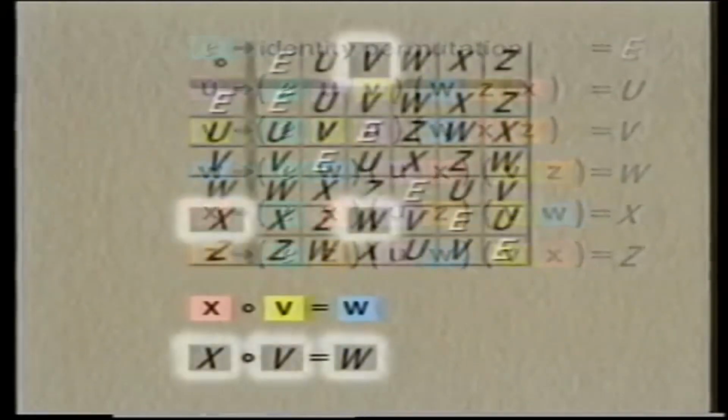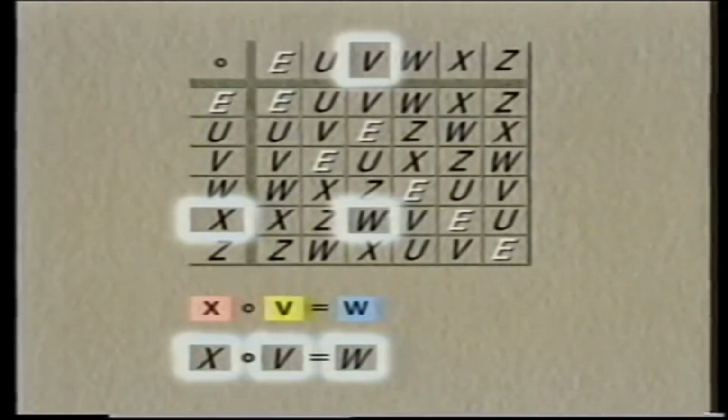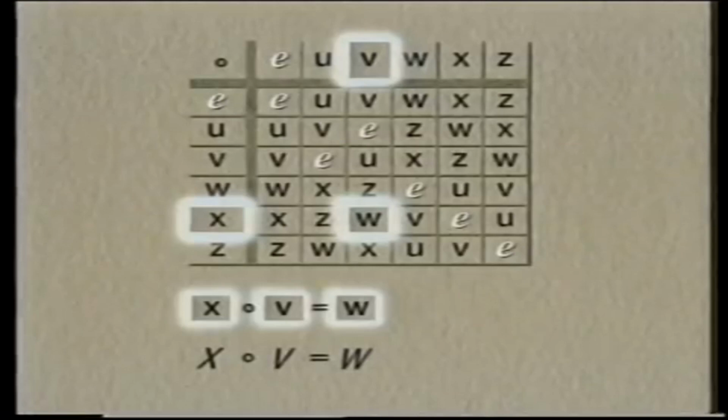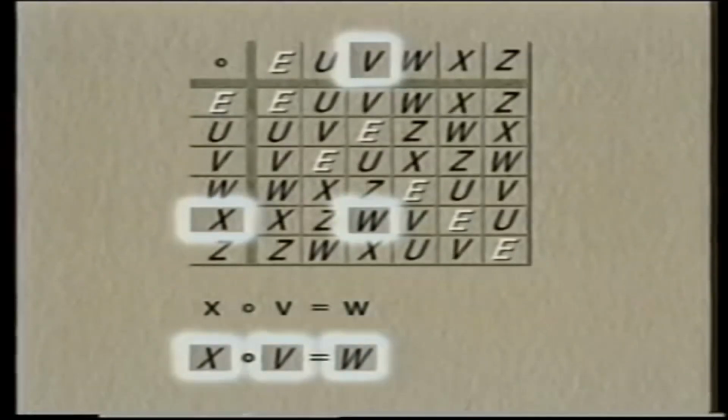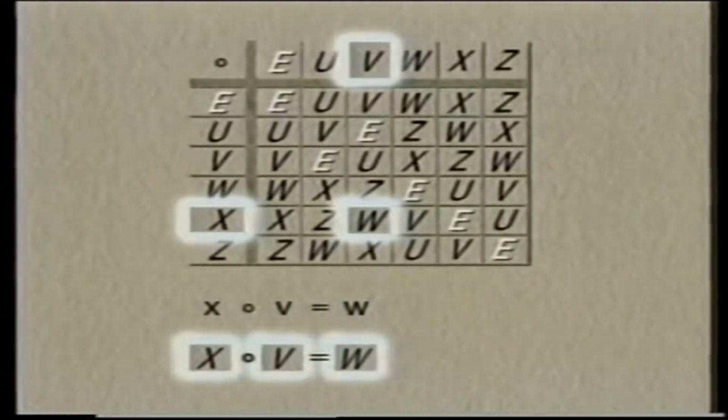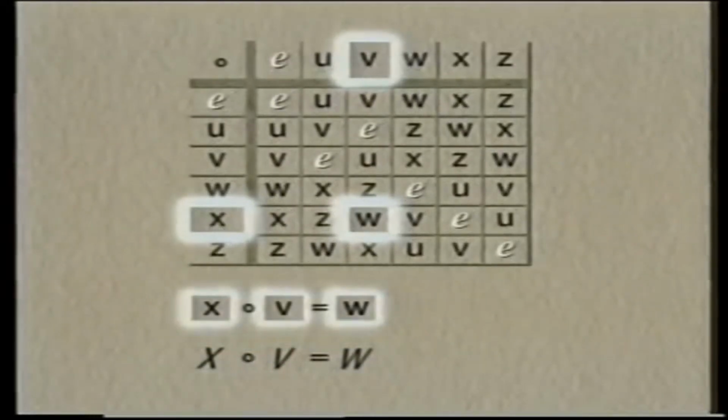In other words, the Cayley table for the permutations is essentially the one we started with. All you have to do is replace the letters of the original group by the capital letters of the corresponding permutations. So these permutations form a group which is isomorphic to the original group.